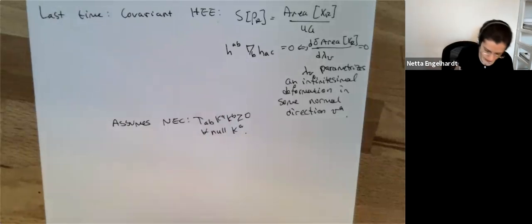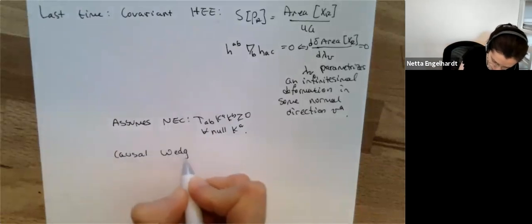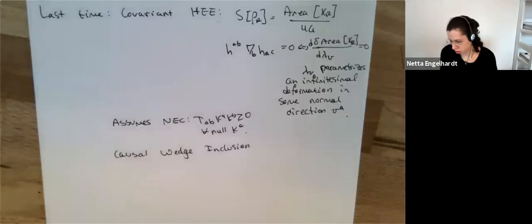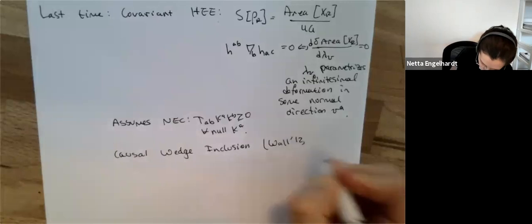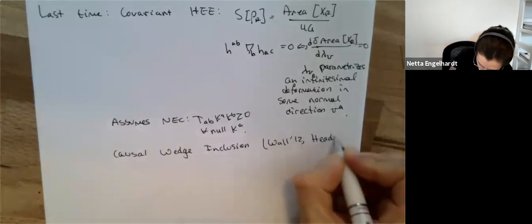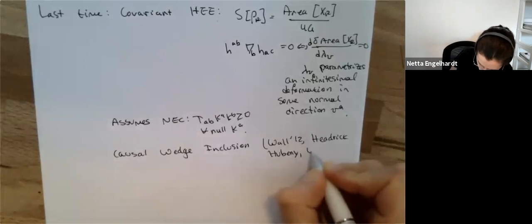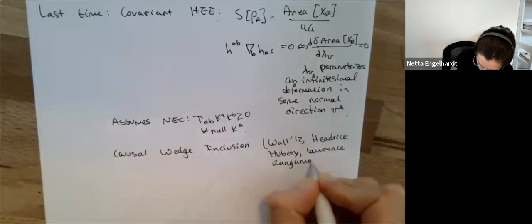We also discussed the causal wedge inclusion. This was proved by Wall in 2012 and by Headrick, Hubeny, Lawrence, and Rangamani in a different way in 2014.